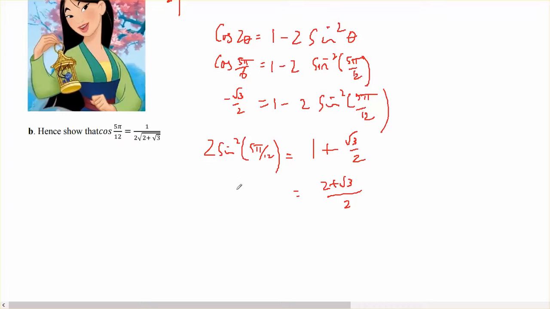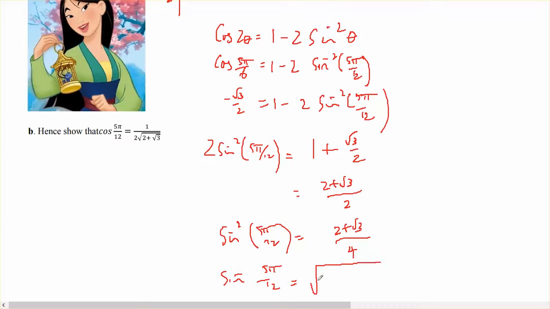Now if I move the 2 over, I'm going to have the sine squared of 5 pi on 12 equaling 2 plus root 3 all on 4. When I take the square root, I'm going to have the sine of 5 pi on 12 equals the square root of 2 plus root 3 all on 4.